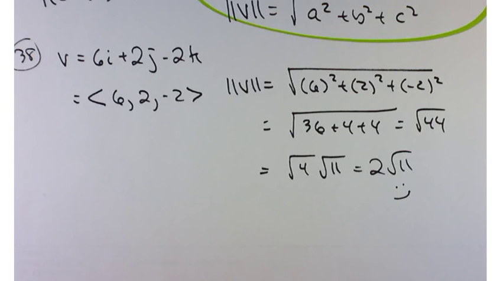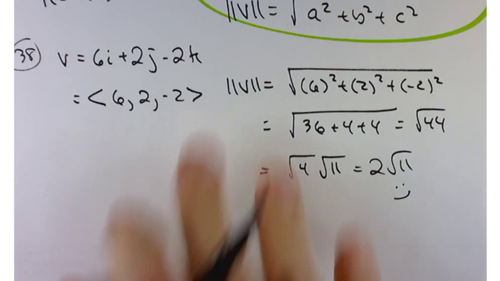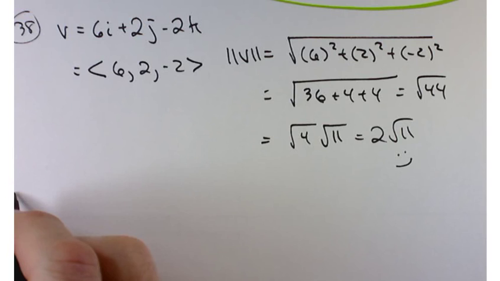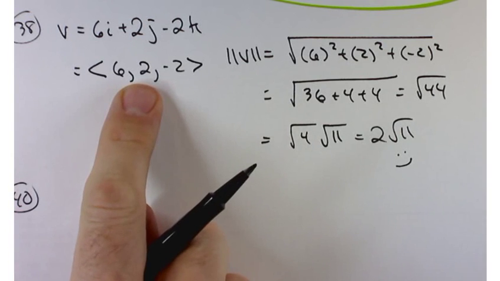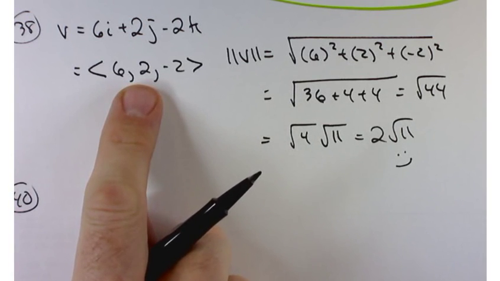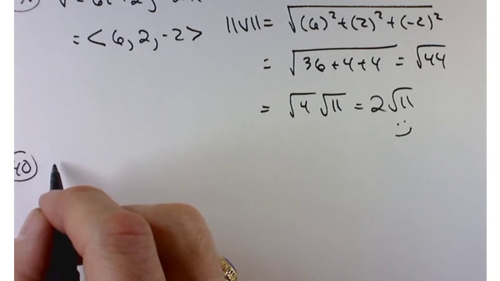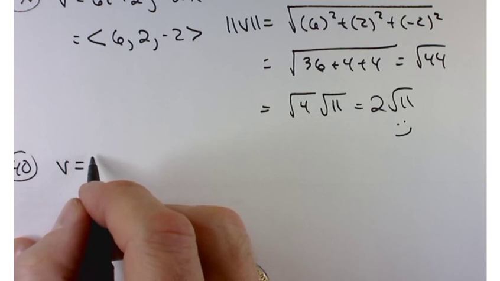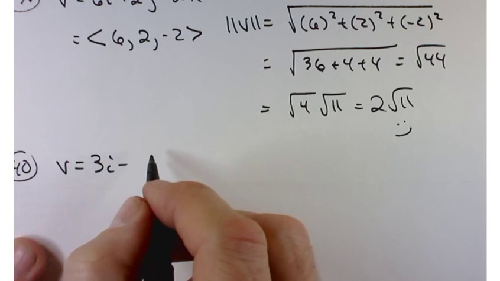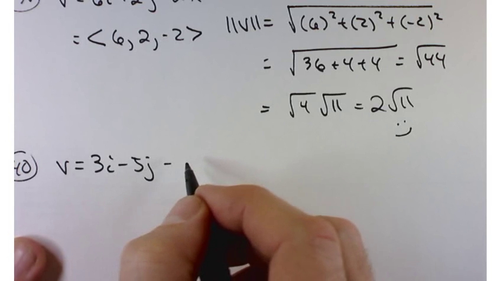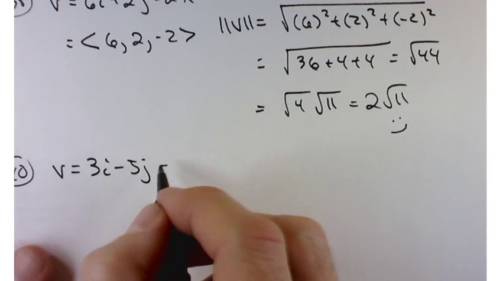Let's see about problem number 40. Now I've got to give you a couple vectors in problem number 40. I'll use the same form that the book does. So v is 3i minus 5j plus 2k.